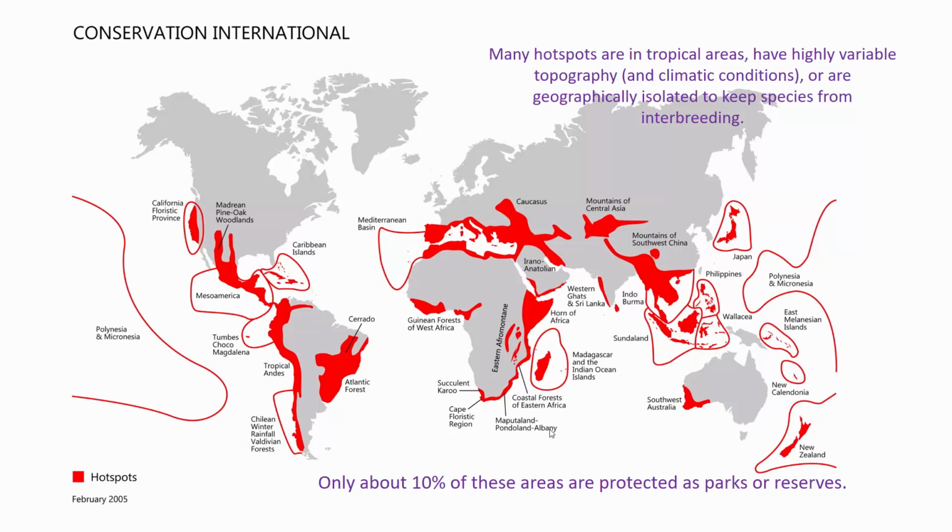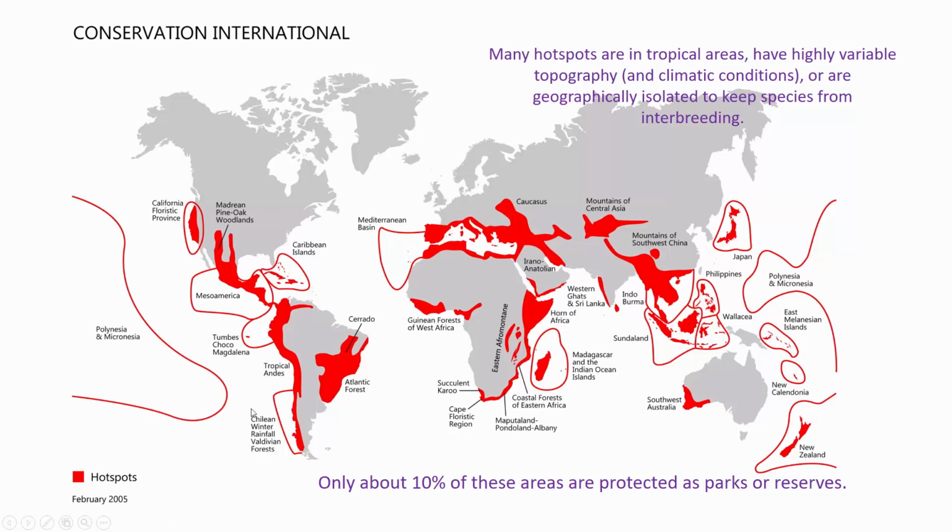This map of Earth shows where these biodiversity hotspots exist, and you can see that they are spread over all of the continents except for Antarctica. Most of them are in the tropical regions near the equator, but you do see some that are out in the more temperate climates.